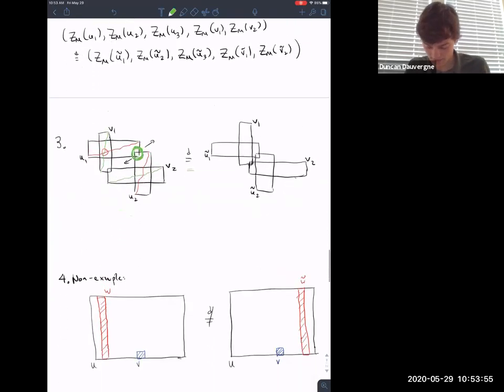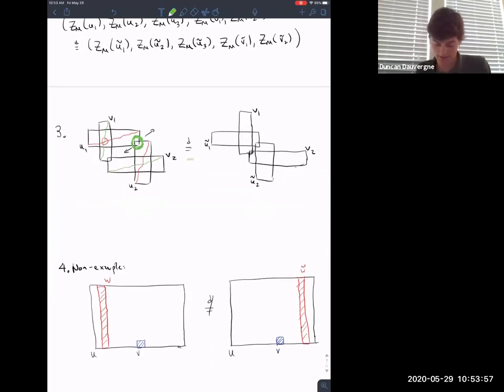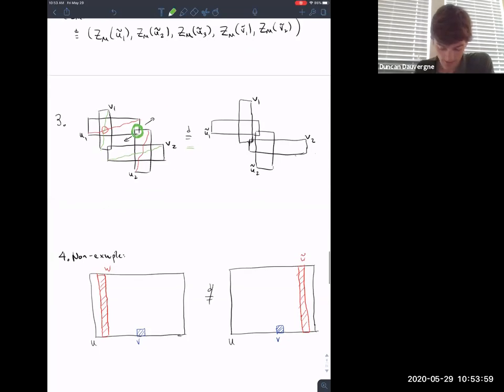So here's a quick non-example of that. Here I have three boxes, U, W, and V. Here V is just a single square in Z^2, and W is just a strip, and U is a box which contains them both.